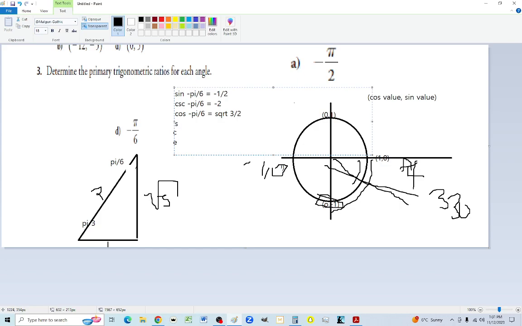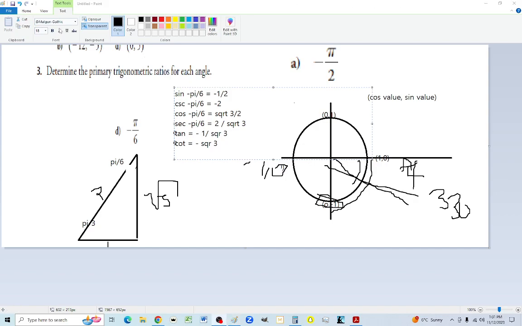And the secant of that is just the flip of that, 2 over square root of 3, and those are the only two that are positive. Tangent is the opposite over the adjacent, but because we're in quadrant 4, it's negative, and cotangent is simply the flip of that, which is negative square root of 3. And that's how you figure it out from the special triangles. You then just adjust for the quadrant that you're in, and that's how it always works.